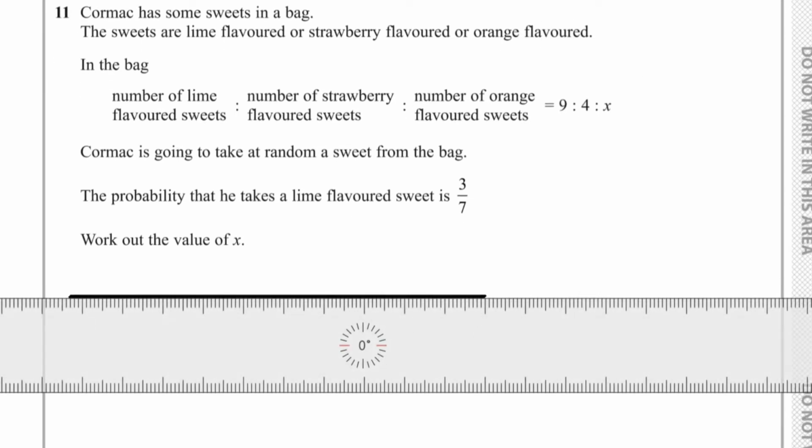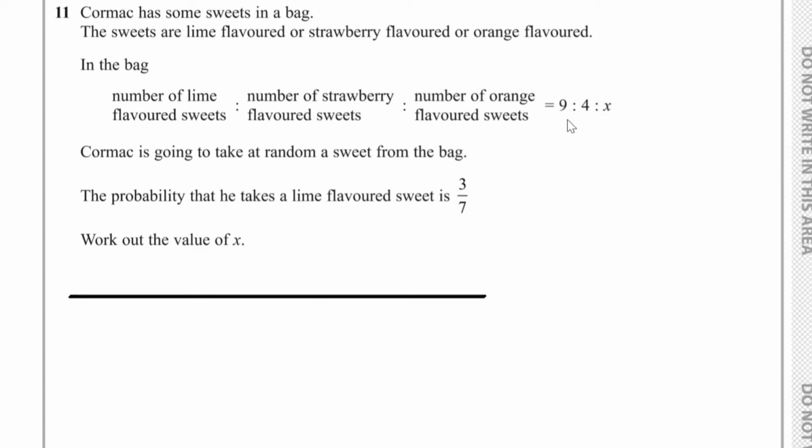So, in total, we've got 9 plus 4 plus X. And of those, how many are lime? Well, that's 9 of them. And we know the probability of selecting lime is 3/7.